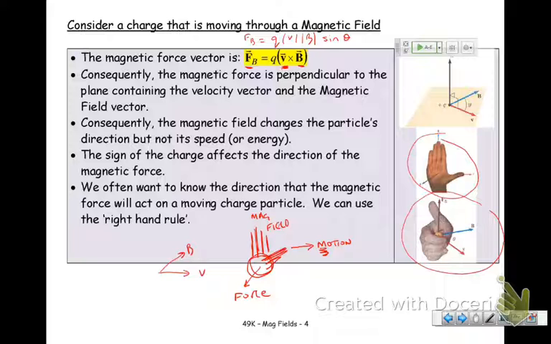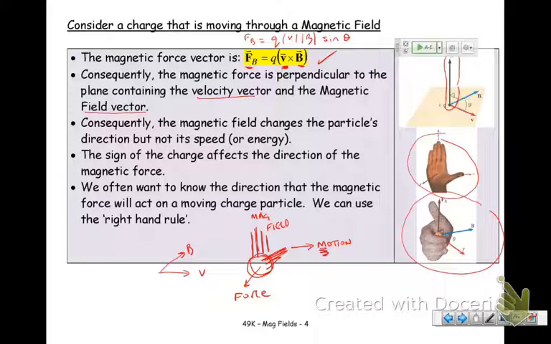We can say the magnetic force vector is given by F equals Q V cross B. Consequently, the magnetic force is perpendicular to the plane containing the velocity vector and the magnetic field vector.